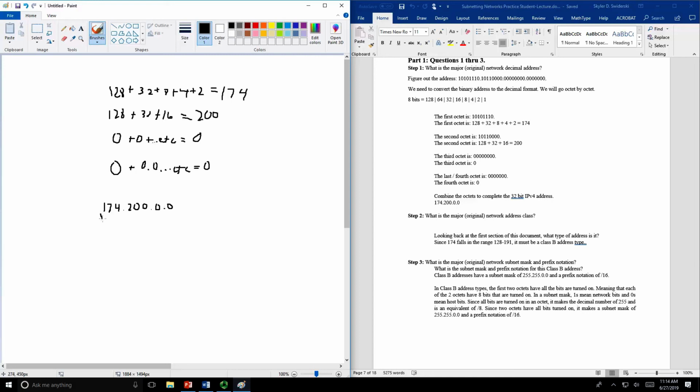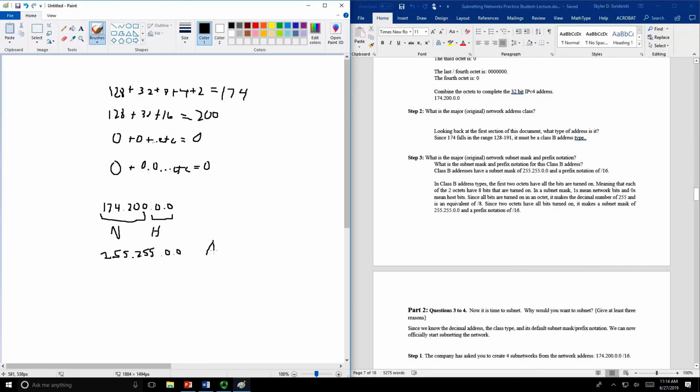Remember, the first two octets are network and the last two are host, so it will be 255.255.0.0. Remember, 255 represents that all the bits are turned on, and when bits are turned on, it is network. The prefix notation would be 16, because each octet represents 8 bits turned on, times 2, because we have 2 octets containing 8 bits each that are turned on.